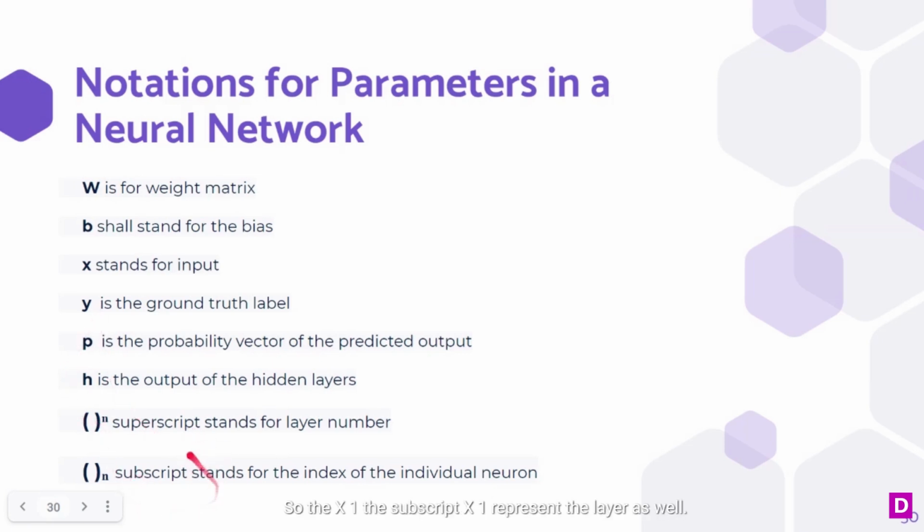So the first subscript, 1, represents the layer as well, 1 represents the very first neuron, and 12 represents the second neuron of the same layer. So subscripts represent the index of the individual neuron in a given neural network.